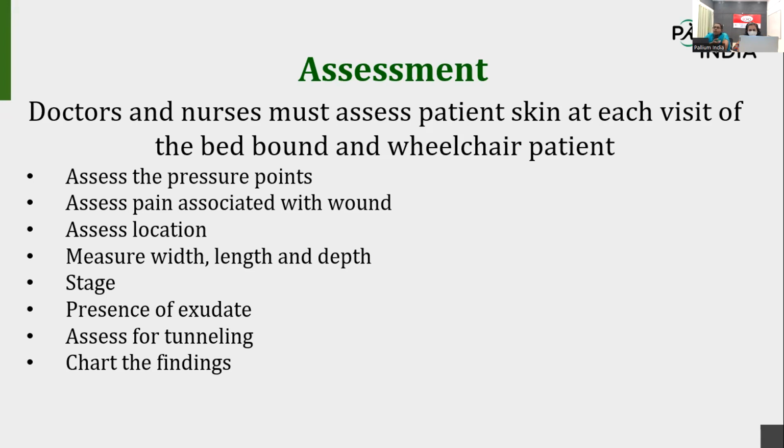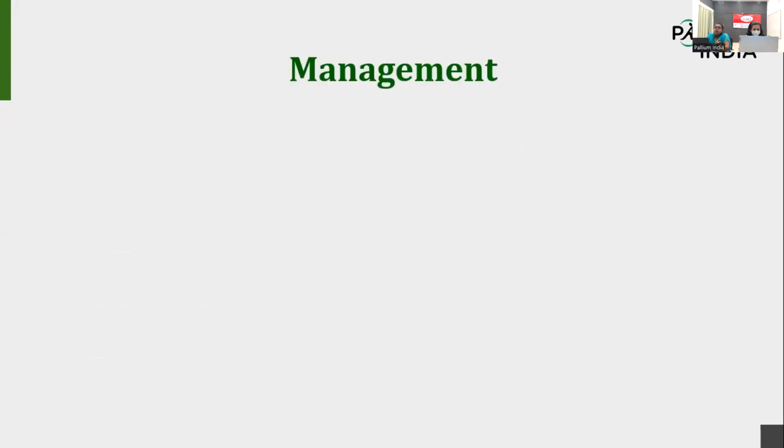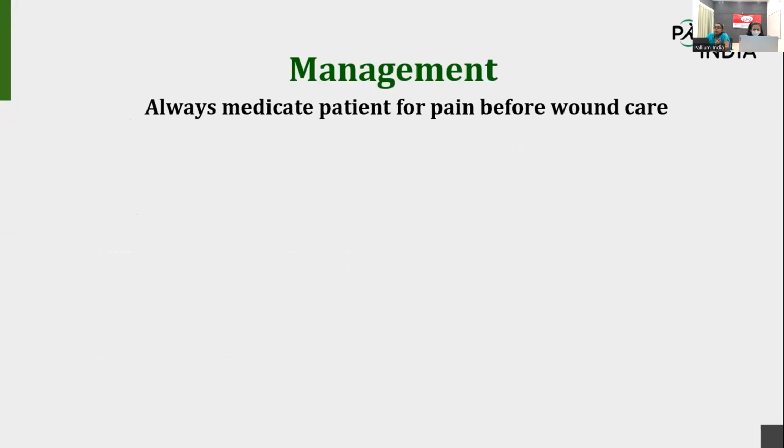Next time your colleagues see the patient, they will get an idea about the condition of the previous wound, so they can differentiate whether there is any improvement after treatment. If there is no improvement, we can think about changing the treatment regimen. Coming to the management, as I said earlier, always medicate the patient for pain before wound care.